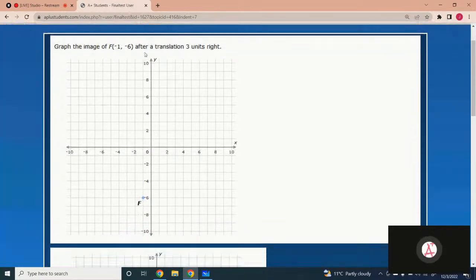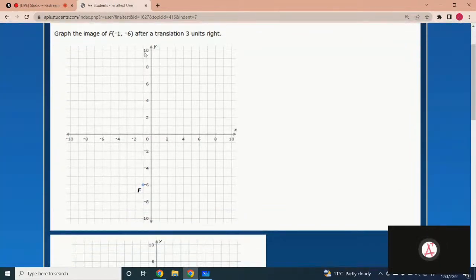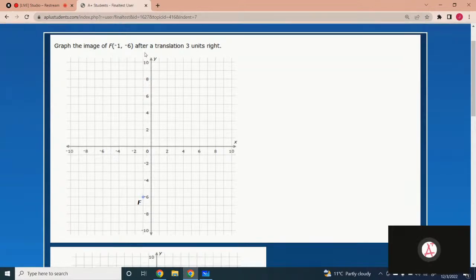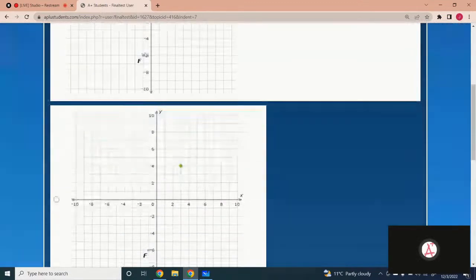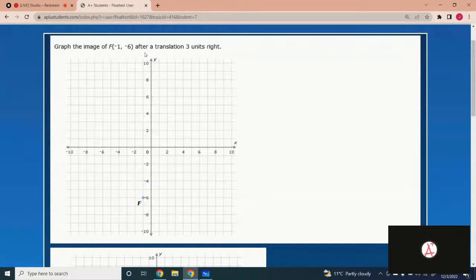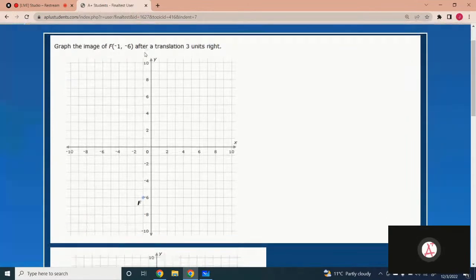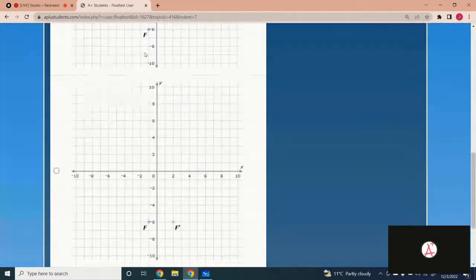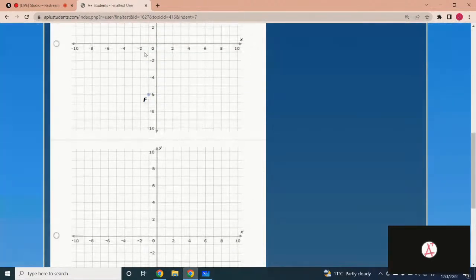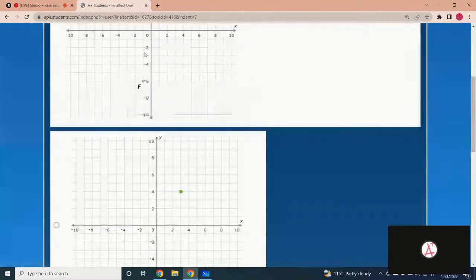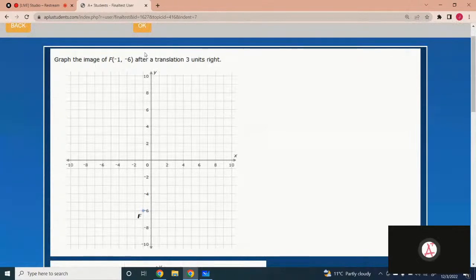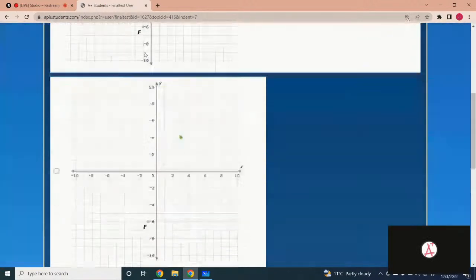Okay, graph the image of f(-1, -6) after a translation 3 units right. So 3 units right means you have to add 3 to the x-coordinate.